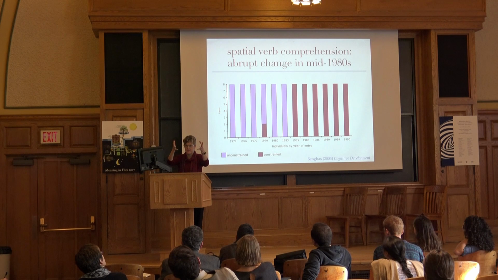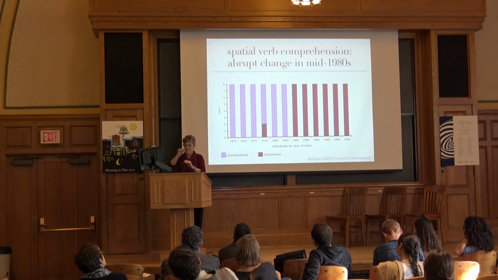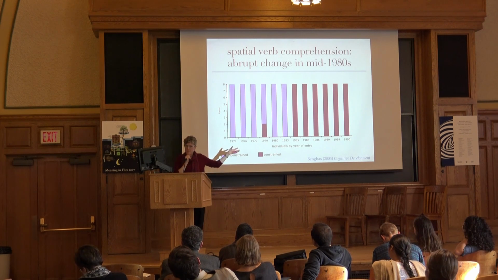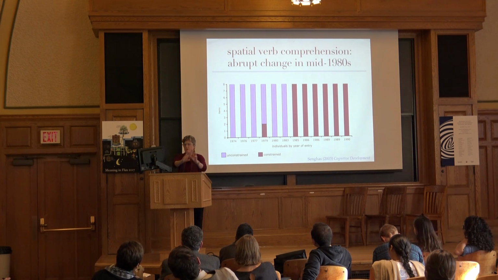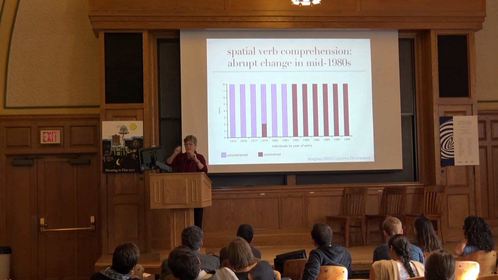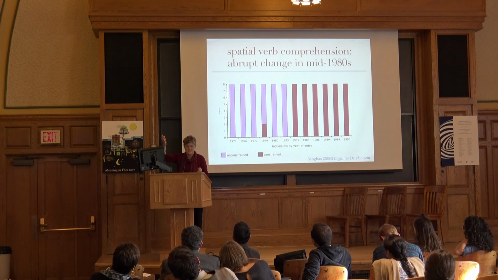So they had to watch the event and then pick a picture of what the event looked like. And so the second cohort signers would consistently say, this can only refer to this event in which the man gives to the woman. It could not refer to this event in which the woman gives to the man, even if it was a first cohort signer who had been signing the woman gives to the man, signing it the other way.